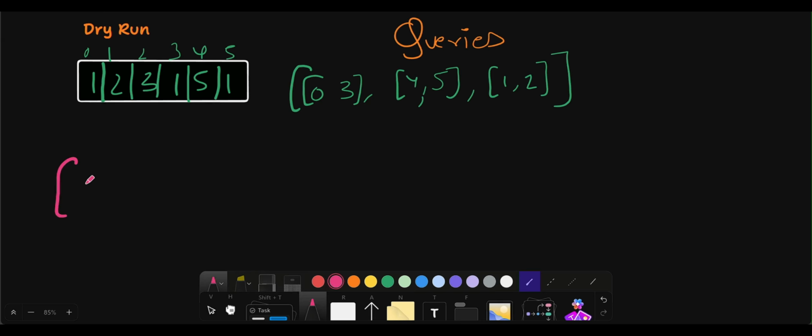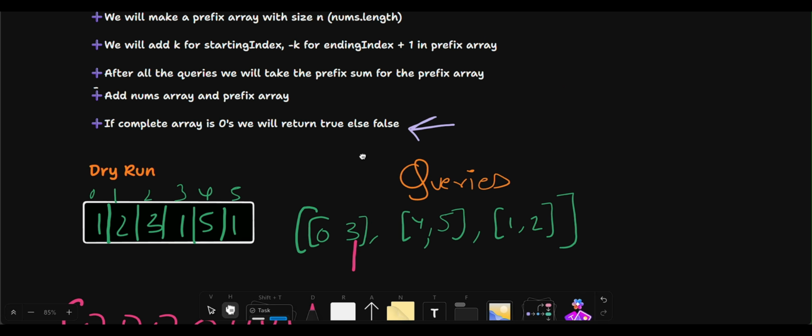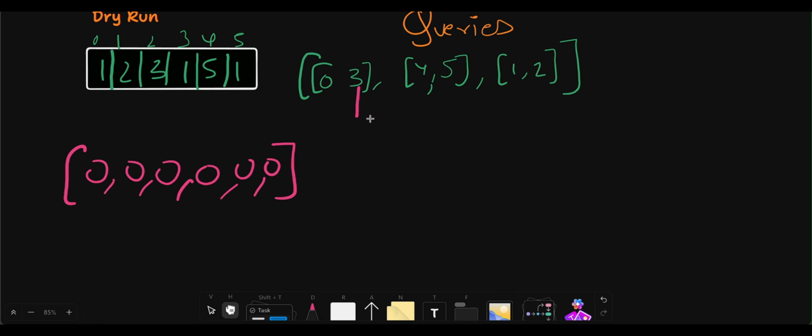Initially, we have to take a prefix array of the same length. After making it, we'll see what the next step is. We have to add k for the starting index and subtract k for the ending index plus 1.